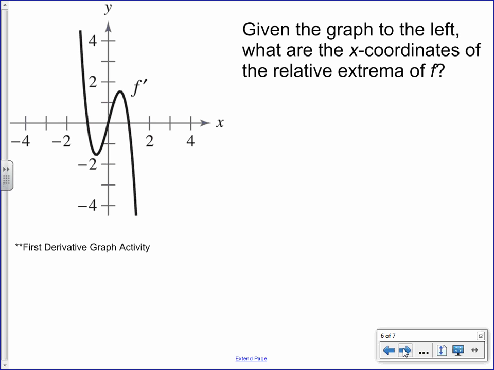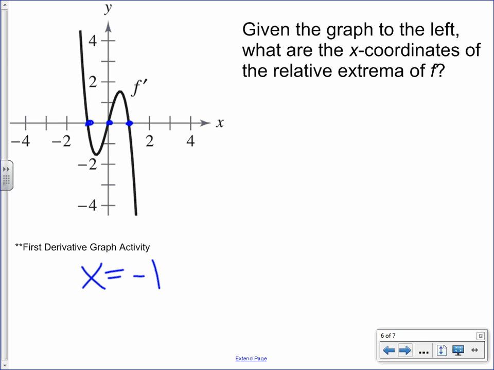Okay, this is the derivative, right? So the zeros of our derivative represent what? The maximum, minimum of our graph. Okay, that's where we will have horizontal tangents. Here, we are going from a derivative being positive to a derivative being negative. What is happening at x equals negative 1?